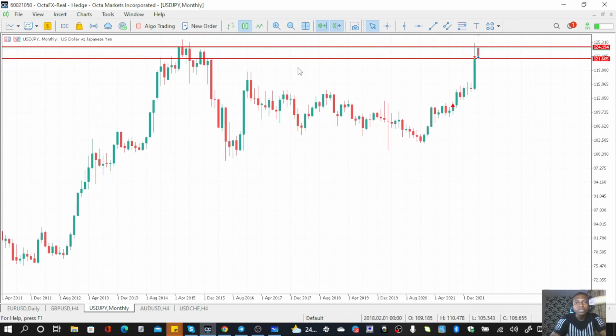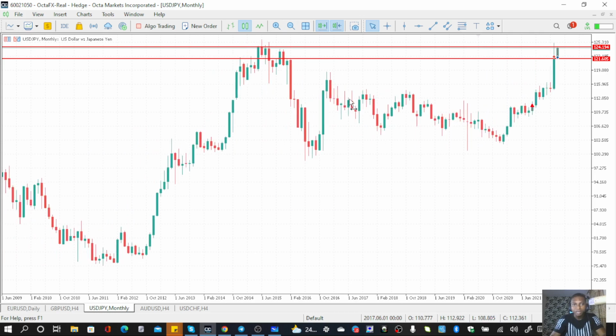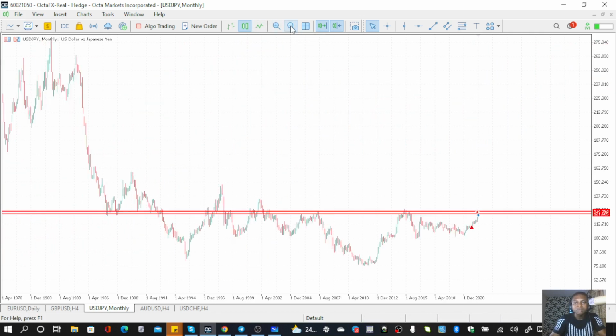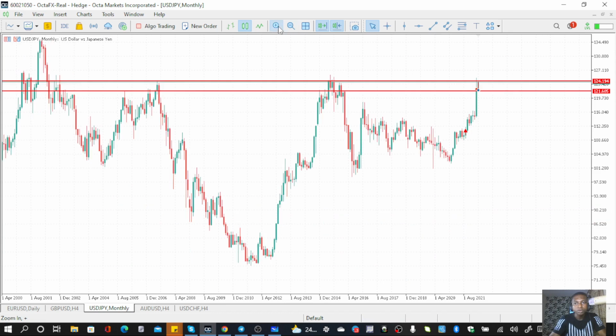You see, look at the monthly time frame here. It has a resistance level. After a sustained downtrend, it's trying to break out of the resistance level. So why do you call it a resistance level? If you look at this place, you see that there has been price footprint at these levels.